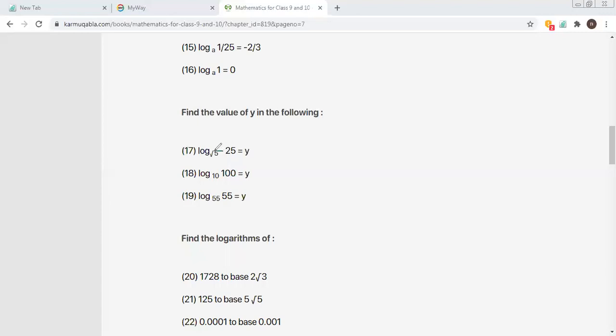Root 5 is the base. First, convert it into the exponent form: 25 is equal to root 5 power y. Now 25 is the square of 5.